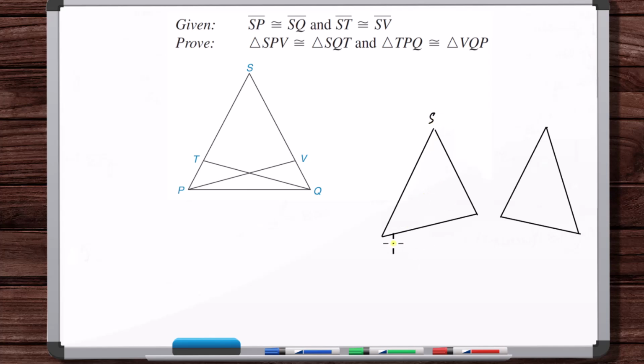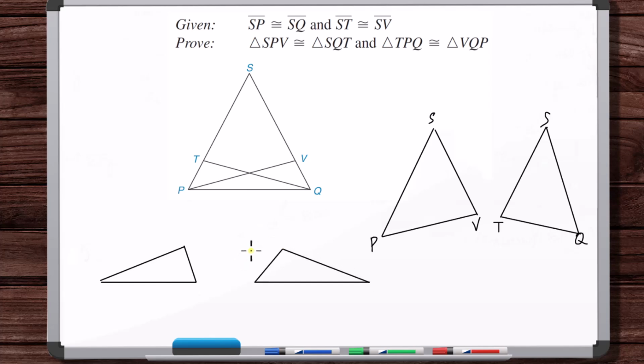Okay, so SPV, STQ. All right, then we've got triangle PVQ and triangle VQP.